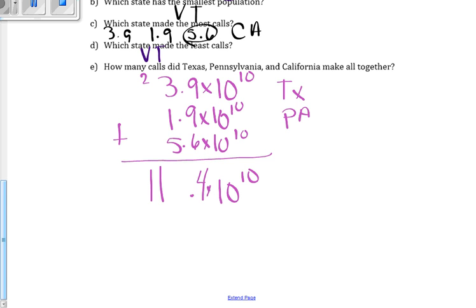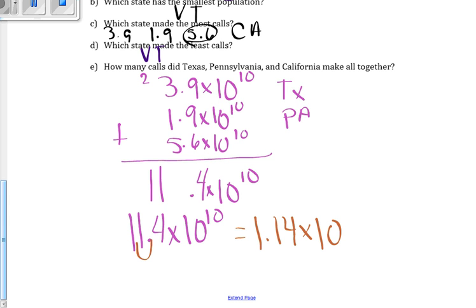But 11.4 times 10 to the 10th is not written in scientific notation. So we need to move my decimal point over once. So it becomes 1.14 times 10, and since I moved left, I'm going to increase that exponent to make it 11.